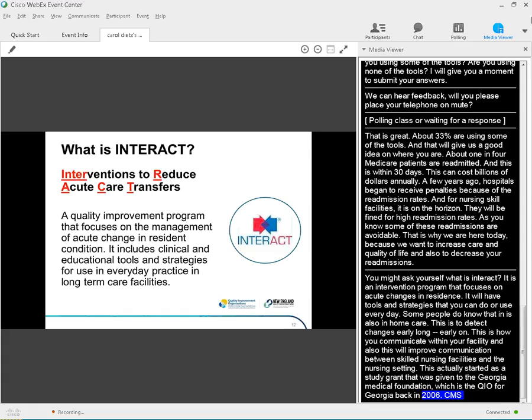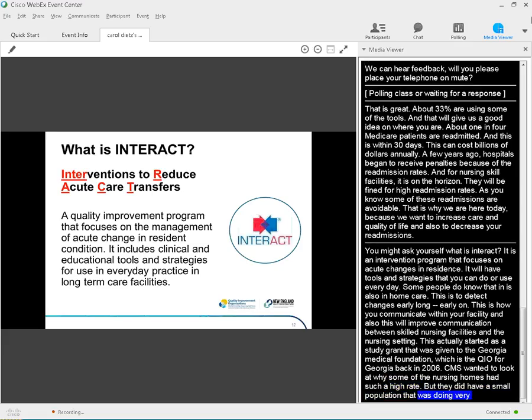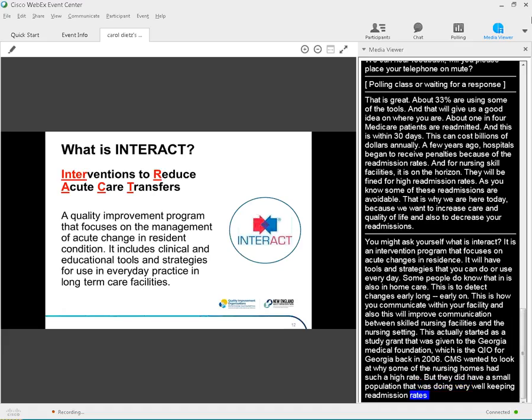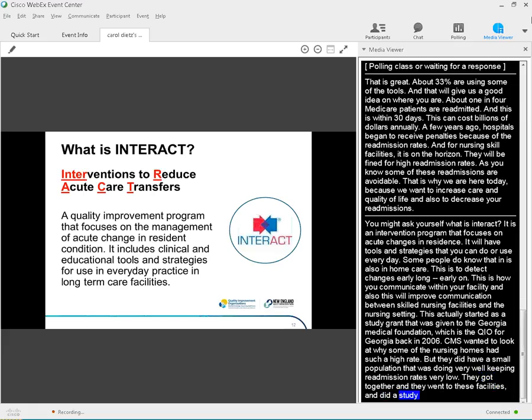But then they also had a small population that was doing very well in keeping their readmission numbers low. So Dr. O, because I can't say his last name and I'm not going to butcher it, with his team, they got together and they went into these facilities and did some studies over time. This grant was actually from 2006 till 2008.